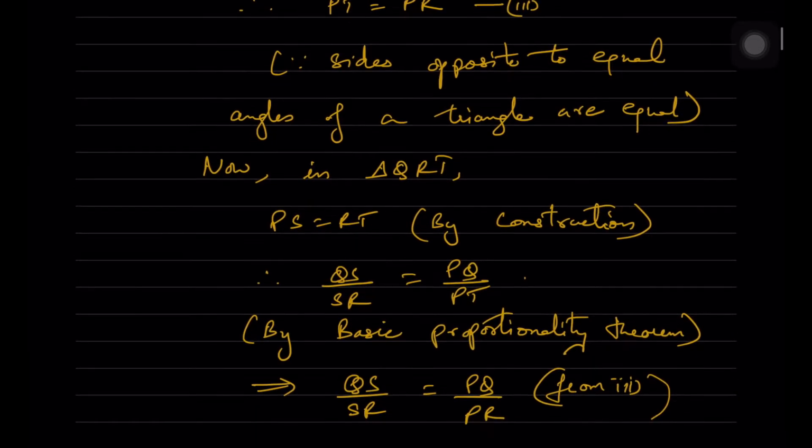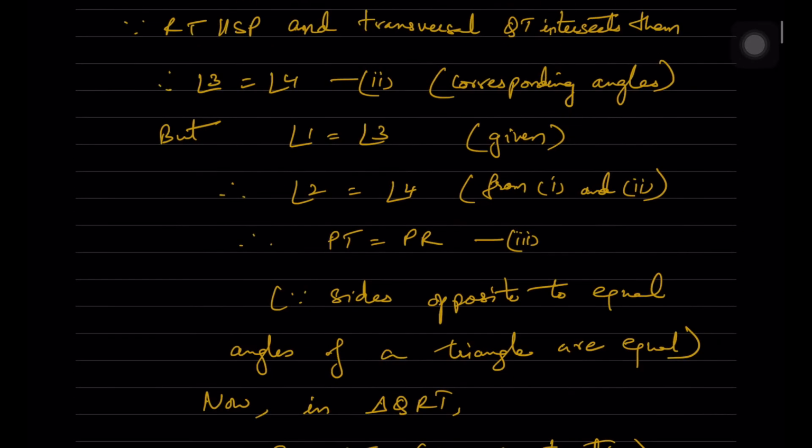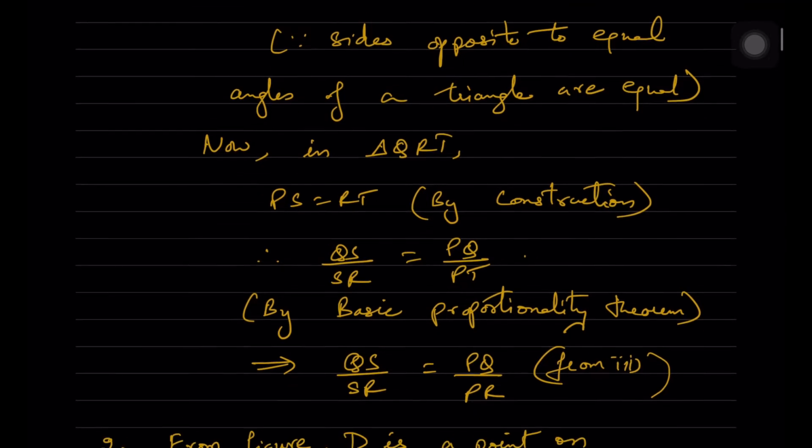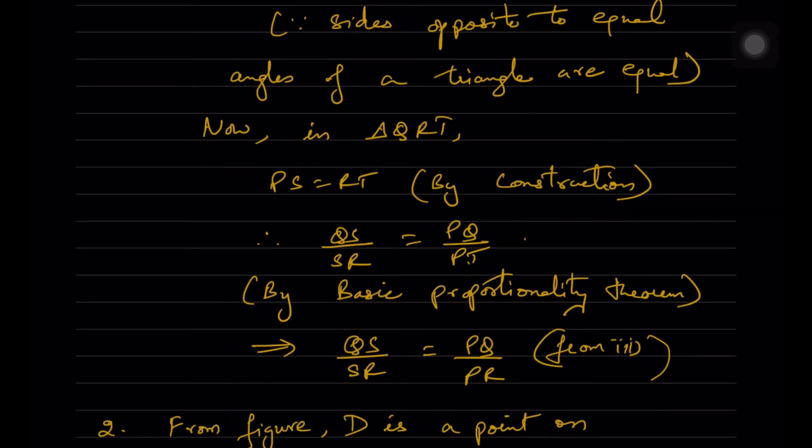Therefore QS by SR is equal to PQ by PT by the basic proportionality theorem, which implies that QS by SR is equal to PQ by PR, since from the third equation PT is equal to PR. So in the place of PT we are writing PR. Therefore this is what we had to prove. Hence proved, QS by SR is equal to PQ by PR.